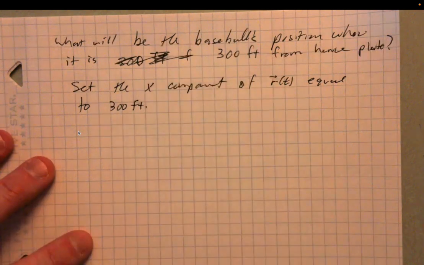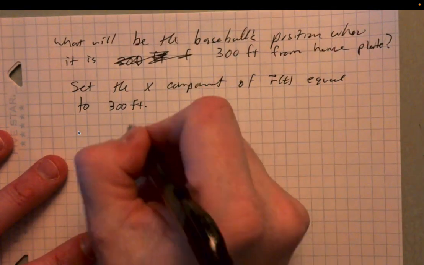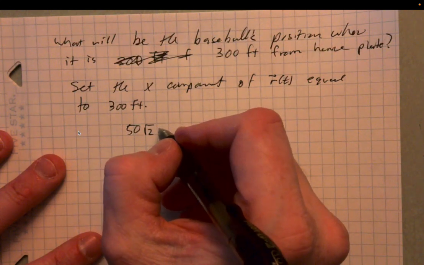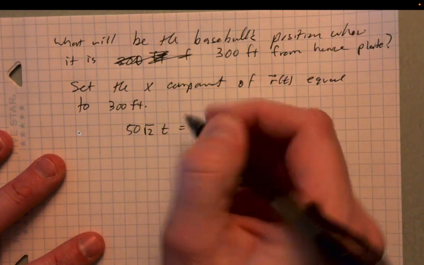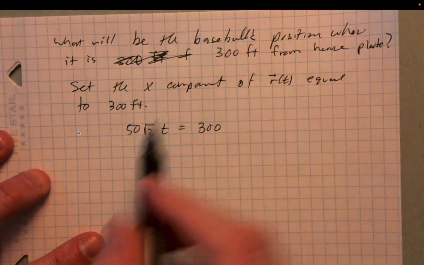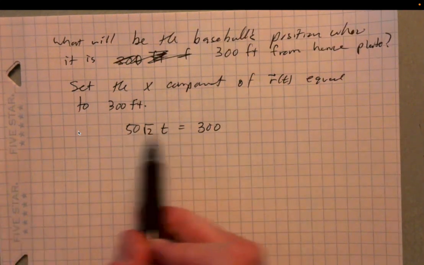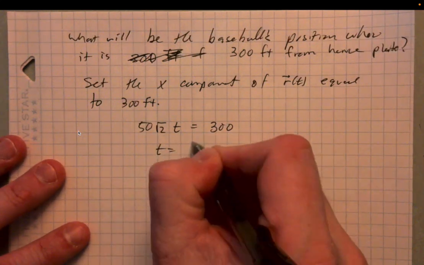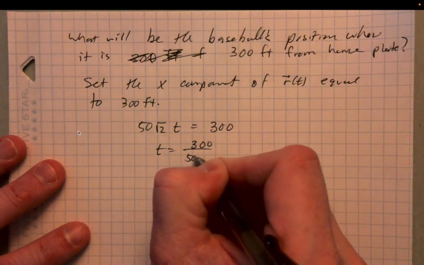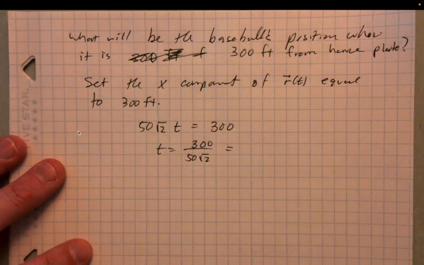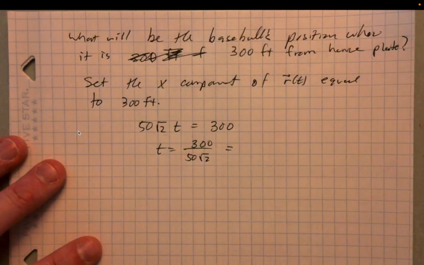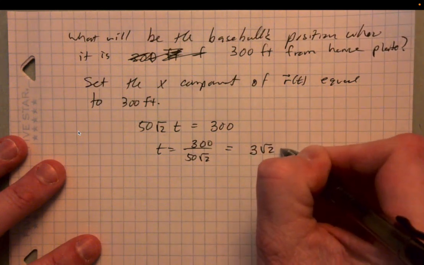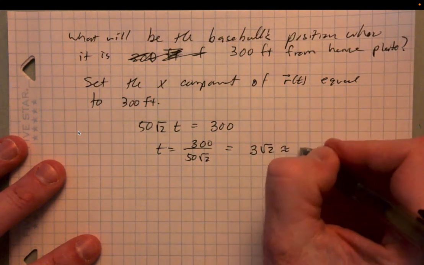That means we say 50 times the square root of 2 times t is equal to 300. I just pulled this right off of the x component of the position vector. So t would be 300 divided by 50 times the square root of 2, which is 3 times the square root of 2, approximately 4.24 seconds.